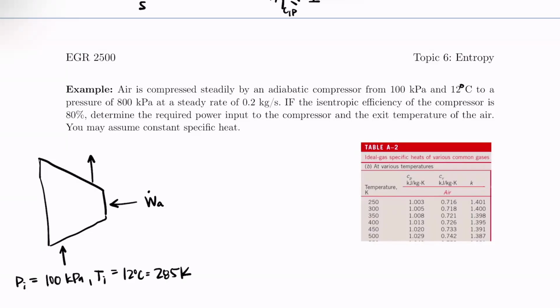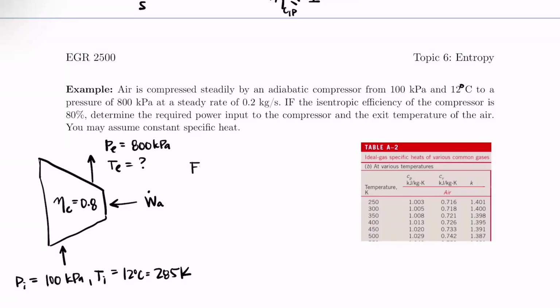Since we're working with air, I'm going to be very careful to make sure I'm using absolute temperatures. And then we're exiting at a pressure of 800 kPa. We don't know what the temperature is at the exit, but we would like to find it. And we know that this compressor has an efficiency of 80%, which is 0.8.